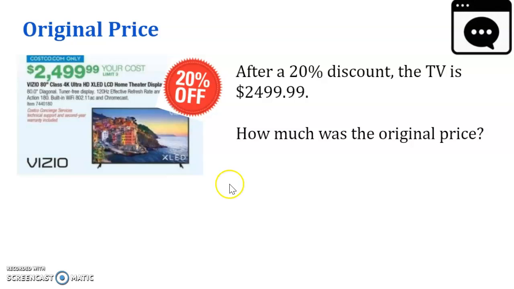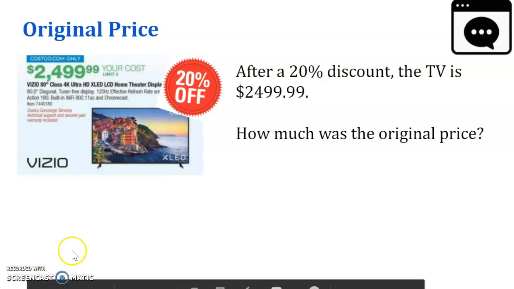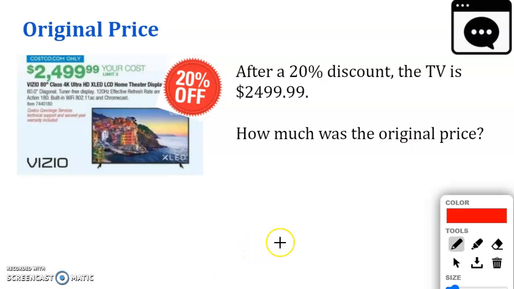How would you tackle this problem? It is somewhat similar to the previous problem, but a little bit different. See if you can come up with an answer or a strategy that might help you solve this problem. So the first question maybe you should be asking is, is the original price going to be higher or lower than this? Can you give an estimate?